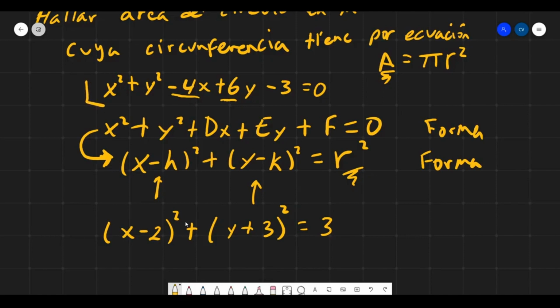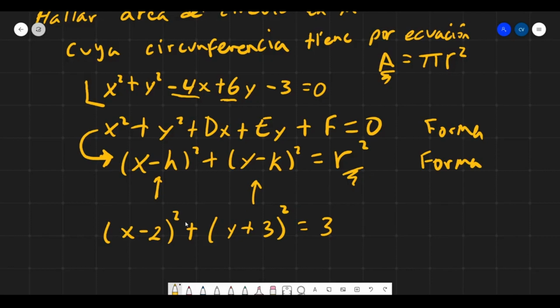Remember that in order for the equality not to be modified, what I do to the left side, I also have to do to the right side. So, since I had to add this independent term squared here to create the binomial squared, I also have to add it here. Therefore, I put plus 2 squared here, and minus 3 squared is 9, so I have it.